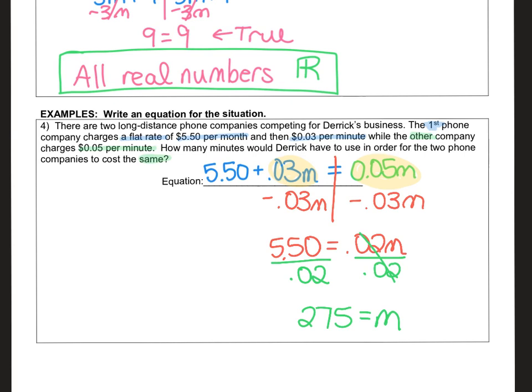But we need to know what that means. What does 275 mean? So we have to go back and read the problem. How many minutes would Derek have to use in order for the two phone companies to cost the same? We're going to write that in a sentence. Derek would have to use 275 minutes for them to be equal.